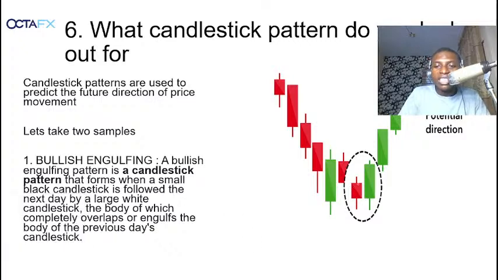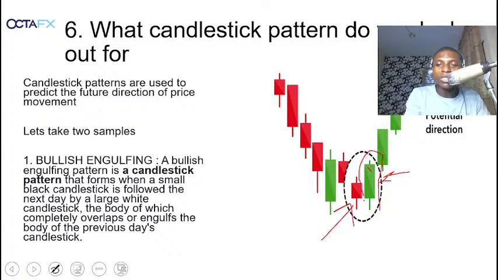So you see this candlestick here, this green candlestick, right? Then this red candlestick. Now you see that this green candlestick overlaps this red candlestick, right? That's why we call it engulfing, because it swallows up, it engulfed the previous candle.